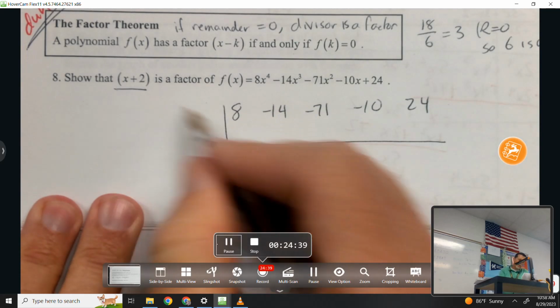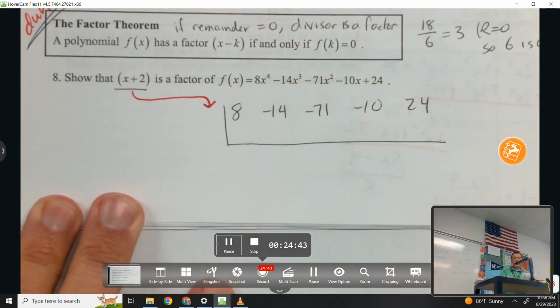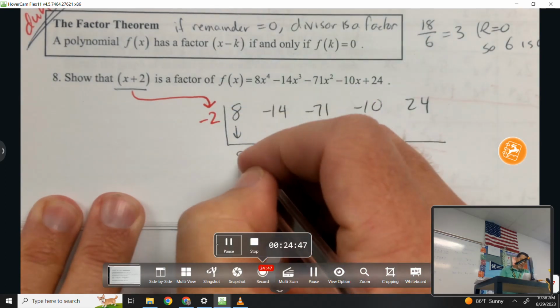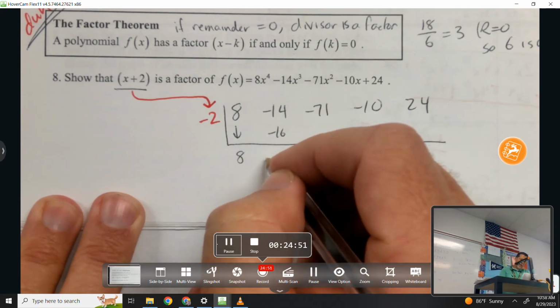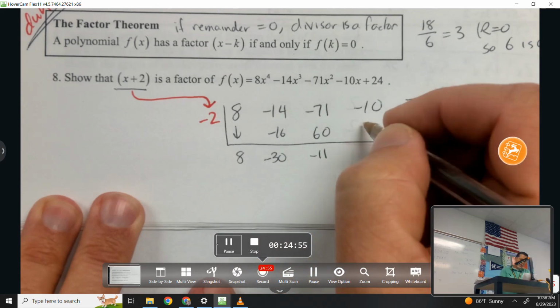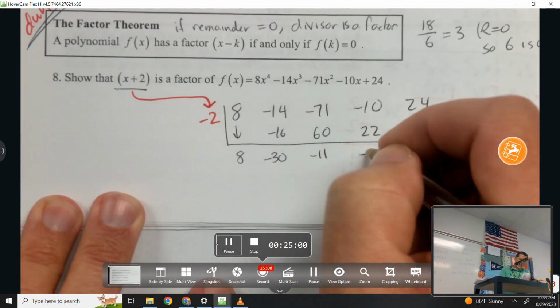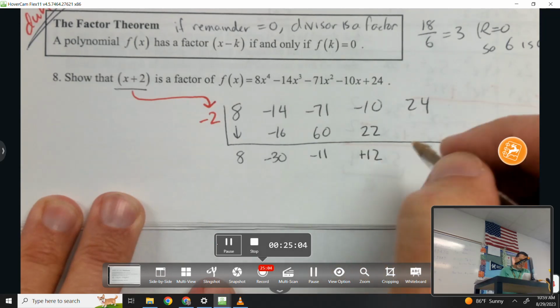What number goes out front if I'm dividing by x plus 2? Negative 2. So bring it down, multiply, add, multiply, add. Don't go too fast, like I just did. Fixed it.